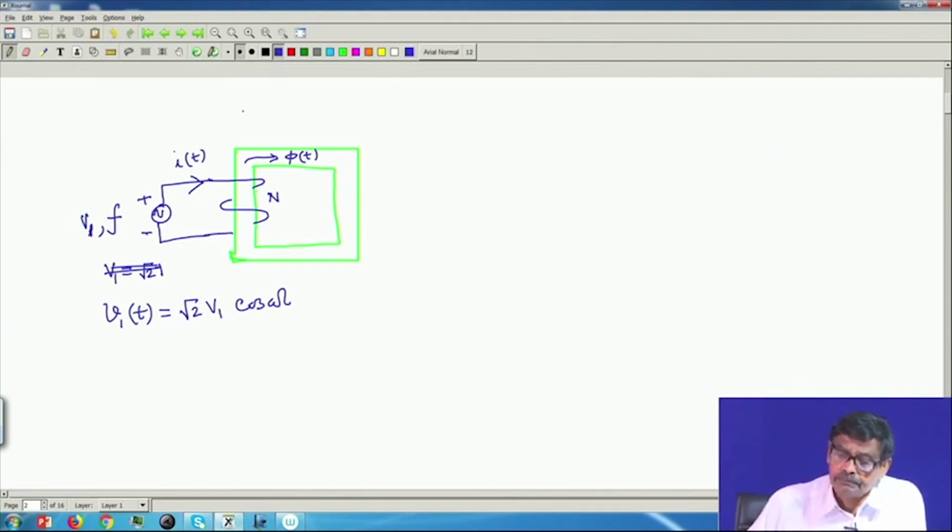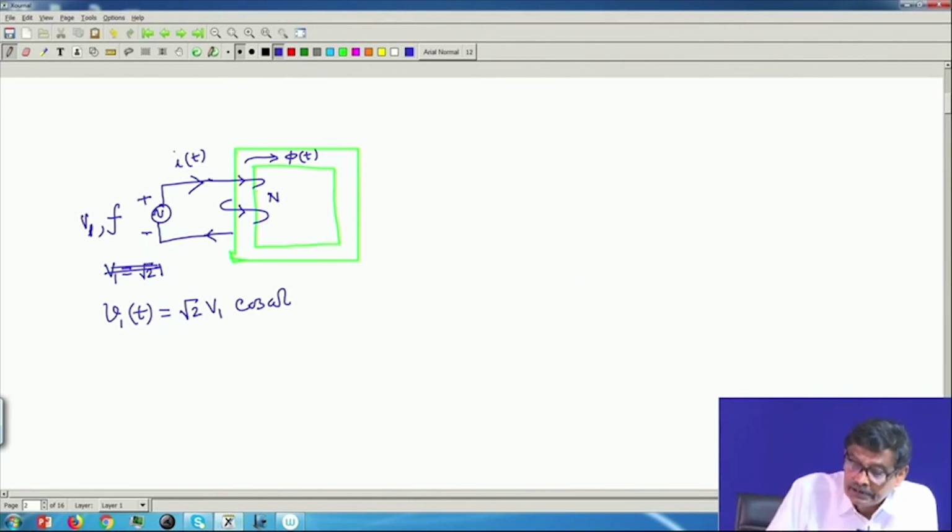And since the current magnitude is changing with time, this phi too will be time dependent. Sometimes it will flow clockwise, sometimes anticlockwise, sometimes it will be 0 when the instantaneous value of the current is 0, and so on.